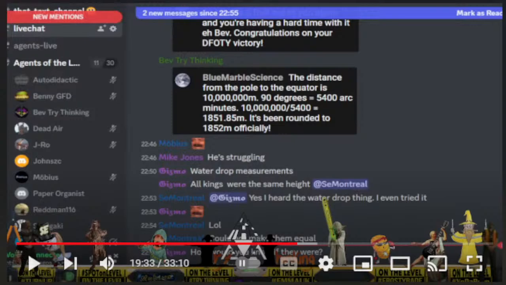We want to find out how many of those fit into 5,400 units of some sort. Those 5,400 units happen to be arc minutes. But forget about that. We just want to know, if we divide 10 million by 5,400, how many meters are in 5,400 parts? Good God, it's simple. How many meters in an arc minute? This is primary school.